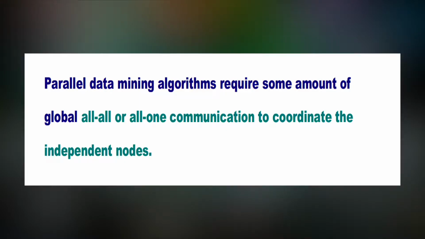Each available node in the networking environment is assigned a subset of the database records and computes independently on that subset, usually using a variation on the sequential Apriori algorithm. All the parallel data mining algorithms require some amount of global all-to-all communication to coordinate the independent nodes.